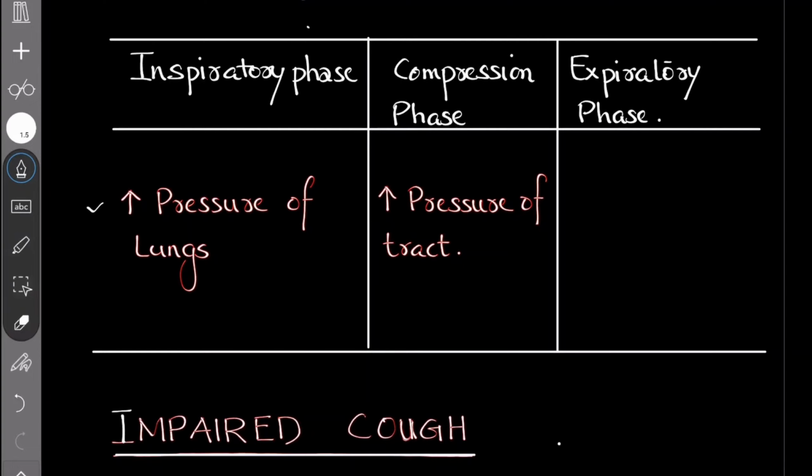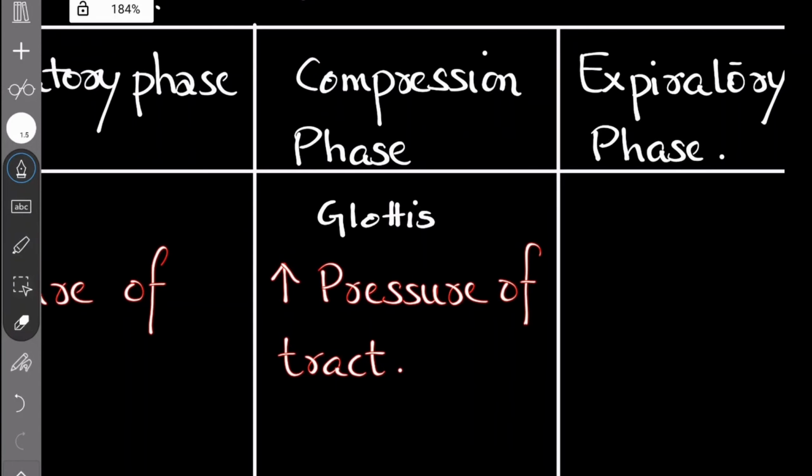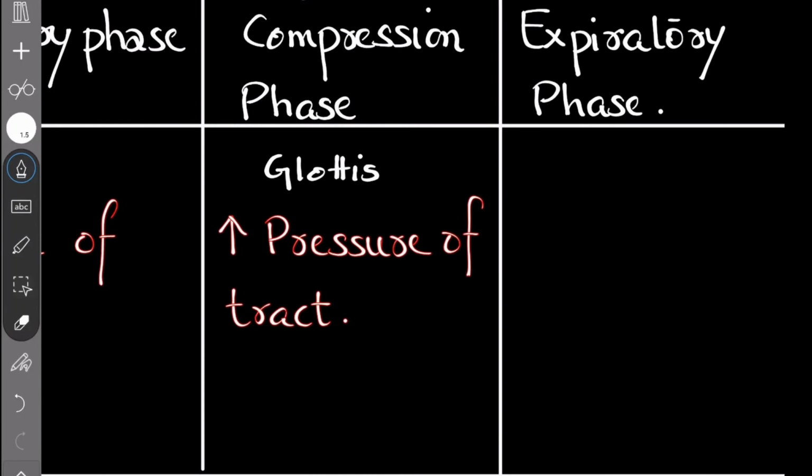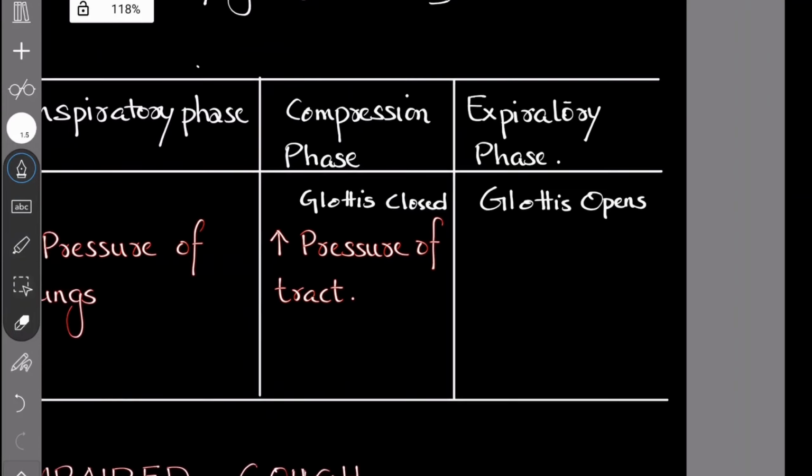In the compression phase, the glottis is closed, and the expiratory muscles contract to try to expel the air. In the expiratory phase, the glottis opens and forcefully expels the air or even the foreign body through the opened glottis. So these are the three phases of a cough reflex.